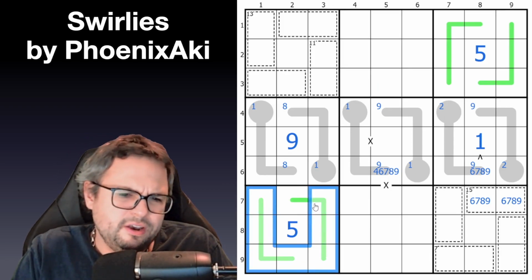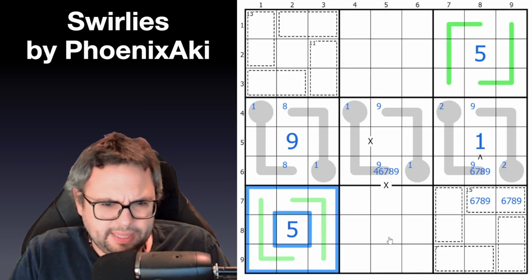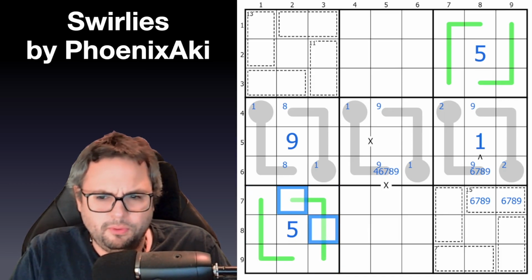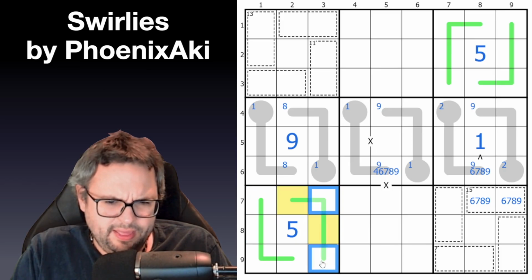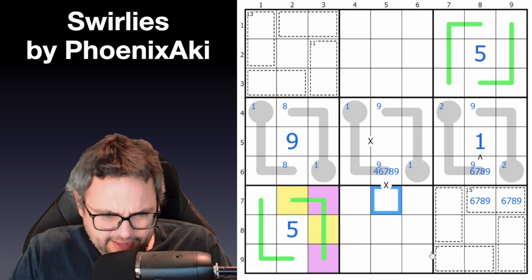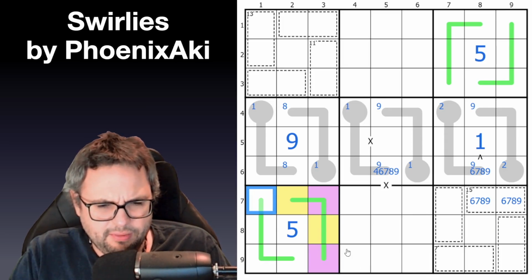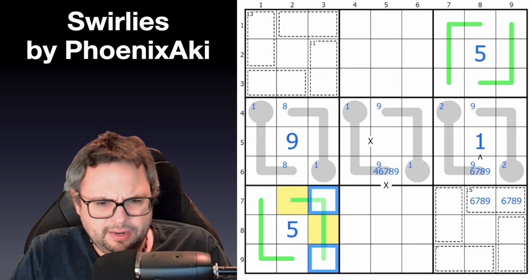And I don't think I even know how these whispers are related to each other. Like, if I yellow-purple color one of these, I don't think that I know if that is yellow or purple. I think it could go either way, which is unfortunate.